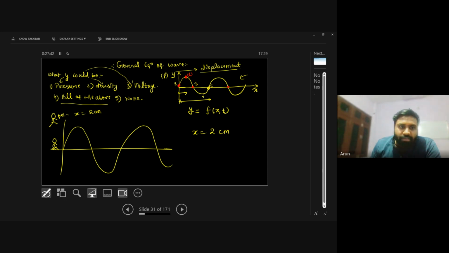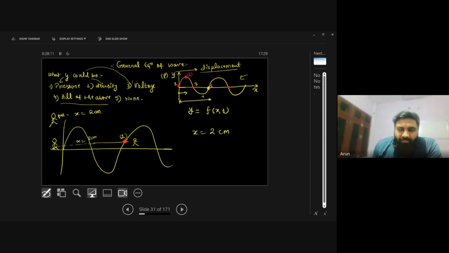Okay, no problem. So you have moved and reached x equals 2 centimeter here. Let's say this point is P, at x equals 2 centimeter. Now you have got to this particle, so this particle you have to observe.